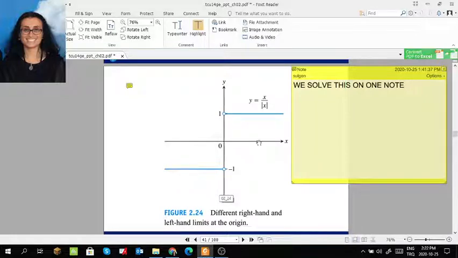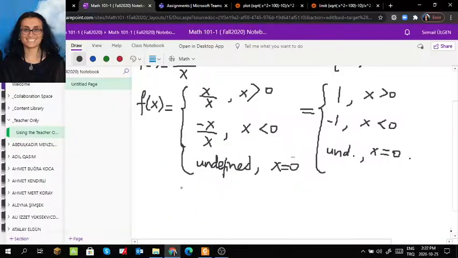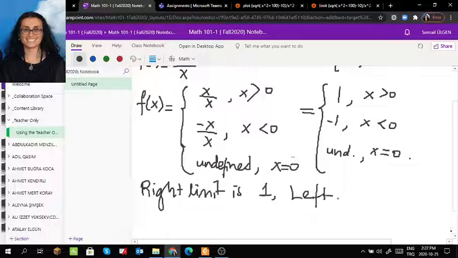And what is the right limit? Right limit is 1, left limit is negative 1. So let's write that. Right limit is 1, left limit is -1.